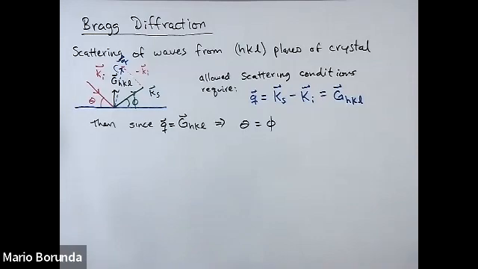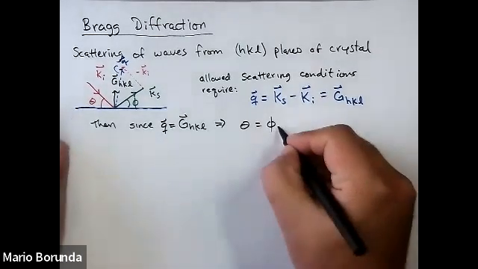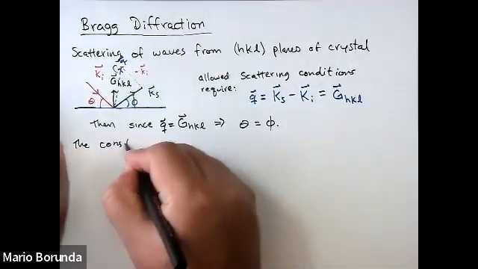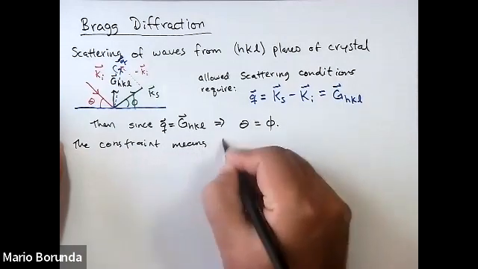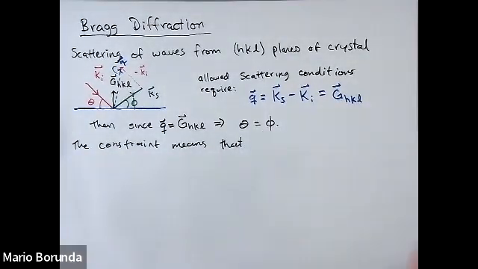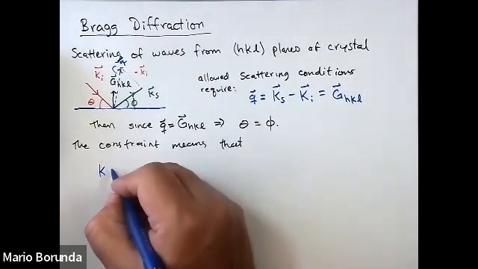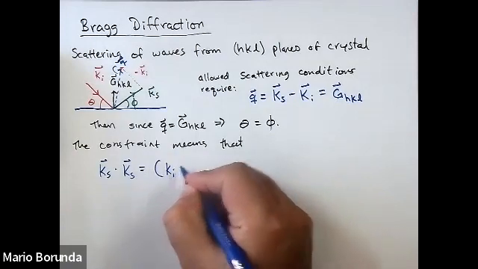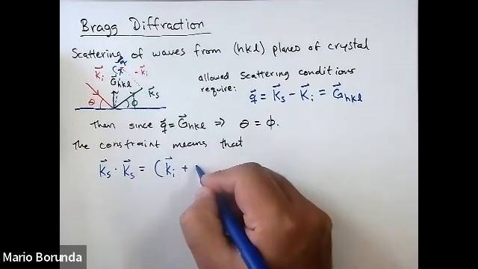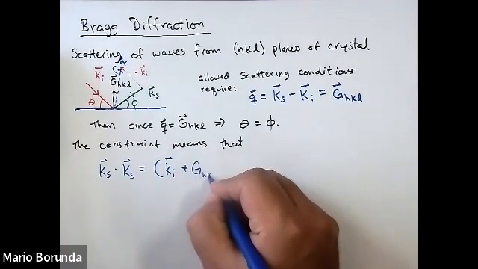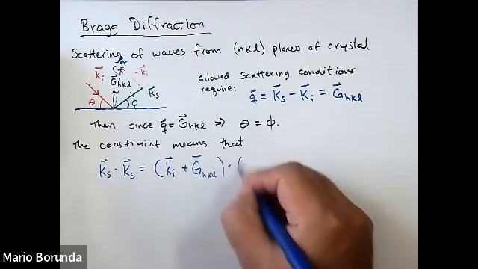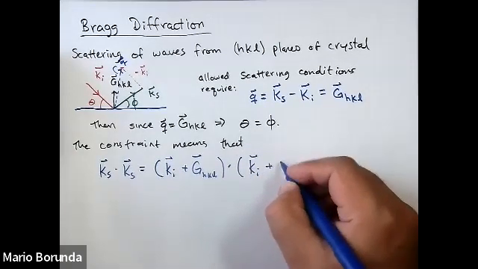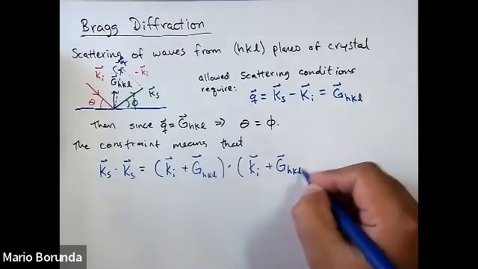All right. So the scattering constraint, we can rewrite that constraint into the following, and we're just going to multiply by Ks and rearrange things, and we would have Ks vector dotted with Ks vector is equal to Ki vector plus G_HKL dotted with Ki vector plus G_HKL.